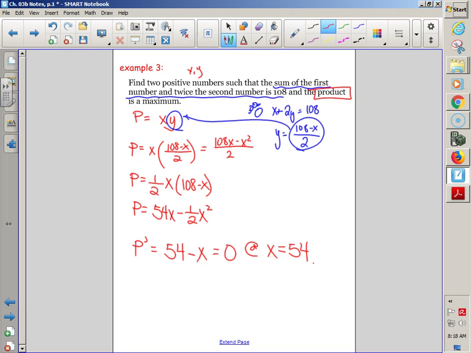No, p prime equals 54 minus x, but the critical number is 54. Because the derivative, you bring down the 2. 1x. Well, but x times x is x squared. Because that's an x and that's an x squared?